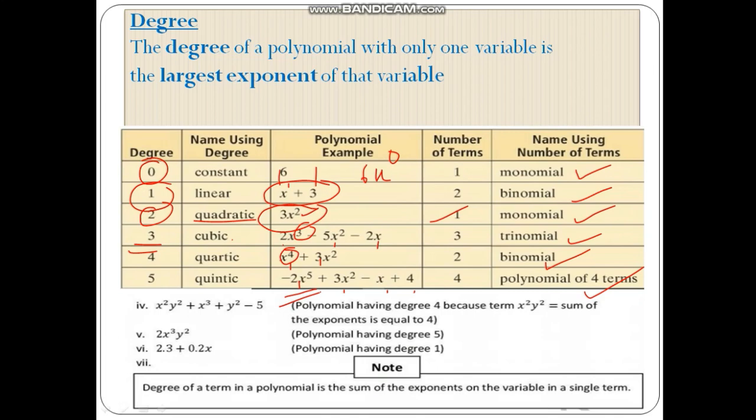So this is quintic and the degree of the polynomial is 5. So it means that the degree of a polynomial is that power of the variable which is the largest one, the highest one, the largest exponent of the variable. Fine.